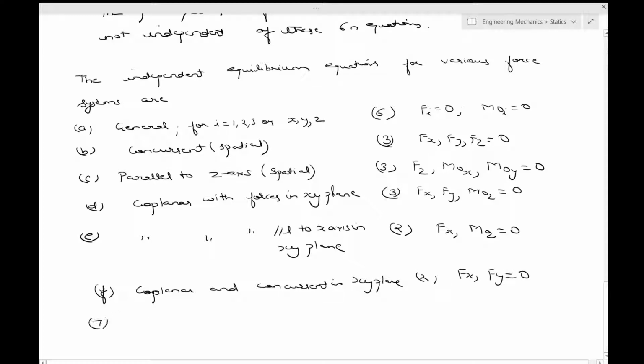If all forces intersect in a line, the x-axis for example, you will have five equations: Fx, Fy, Fz, Moy, Moz equal to 0. Mox will not be. Okay.